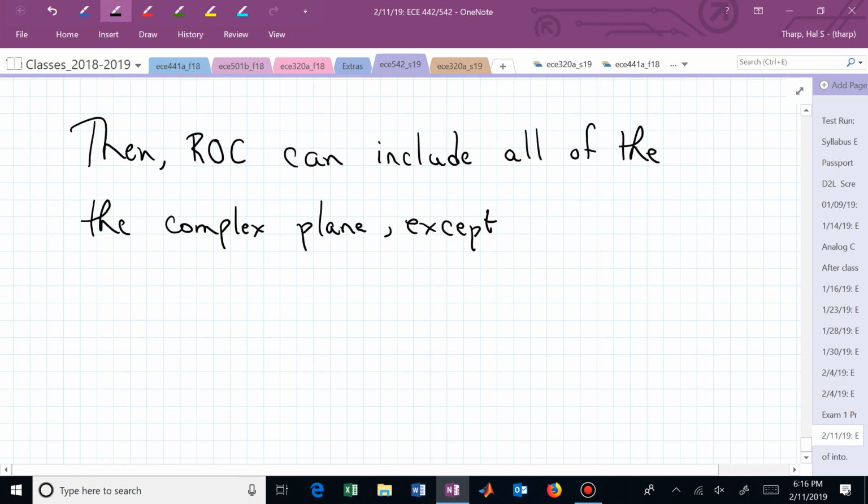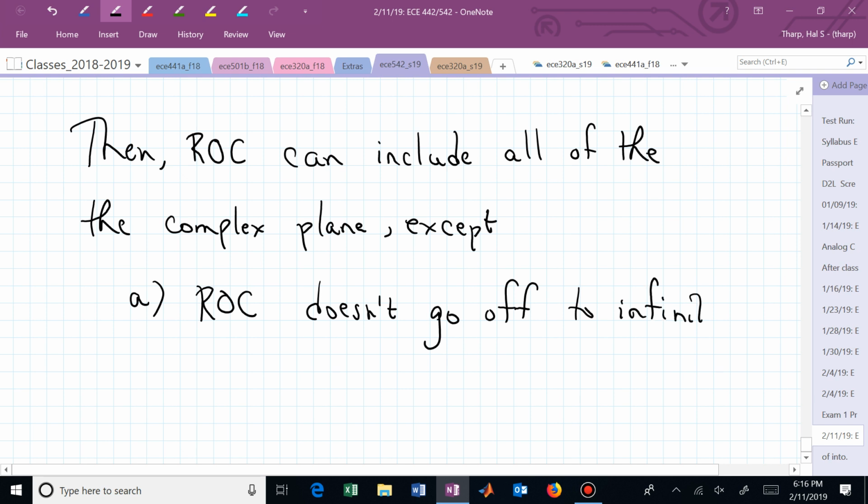except, the region of convergence doesn't go off to infinity, meaning it doesn't include infinity, if this sequence is what?